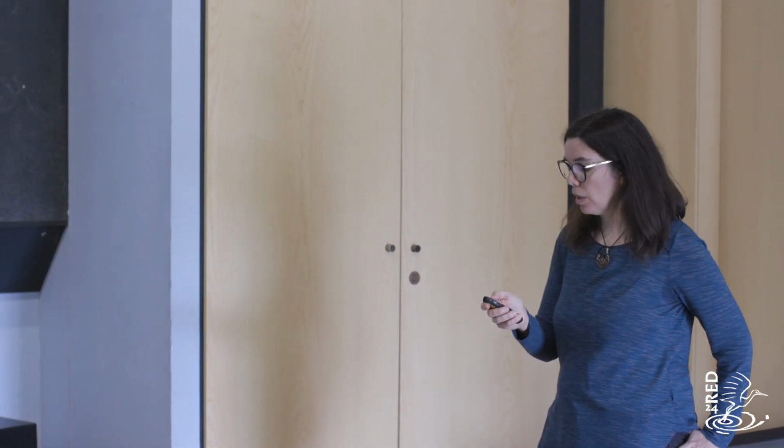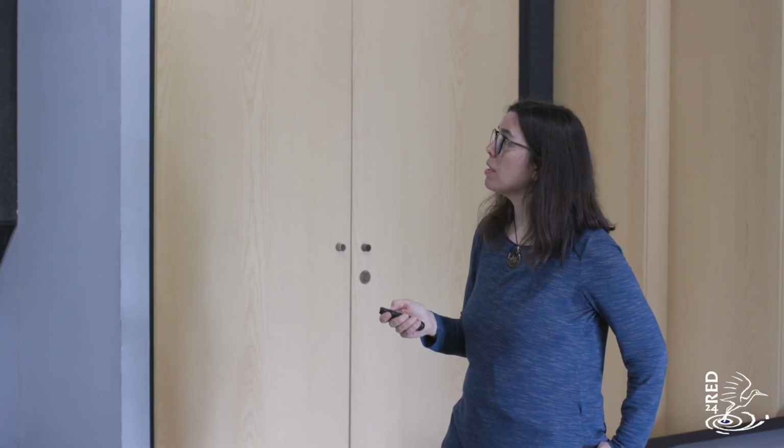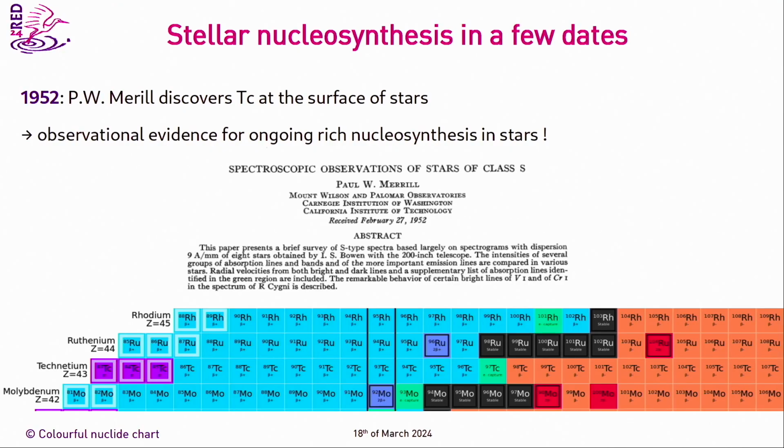Another important thing is that in 1952, and I will come back to these stars, which are called AGB stars, Merrill discovered technetium. It was a very important thing, so that's the paper. Because technetium, if we go back to our nuclide chart here, it's this line, and as you see in this line, there's no black square, so no stable isotope.